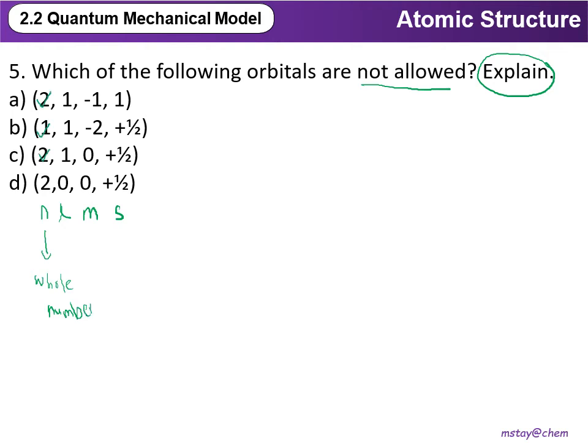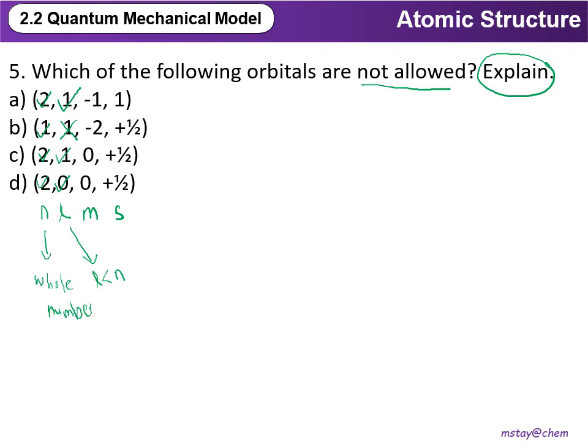All are possible. The l value must always be less than n. So when we look here, A is less than, B no, C less than, D also less than. So I already get the idea why B is not allowed.